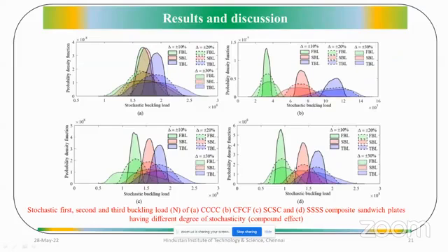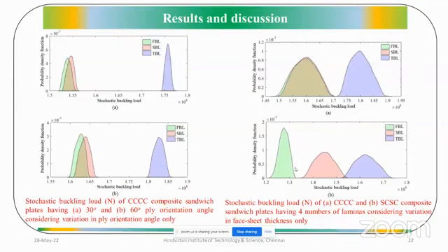This figure represents the effect of the degree of stochasticity. As the degree of stochasticity increases from 10% to 20% to 30%, the overlapping zone increases. Here, this figure represents the effect of ply orientation angle, that is 30 degrees and 60 degrees, and this is the number of lamina.